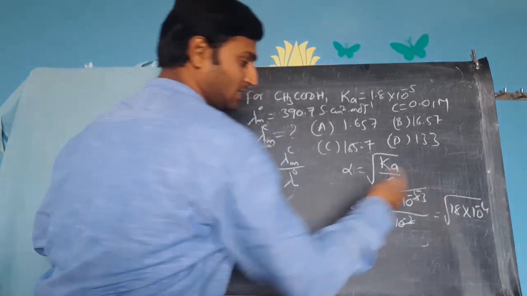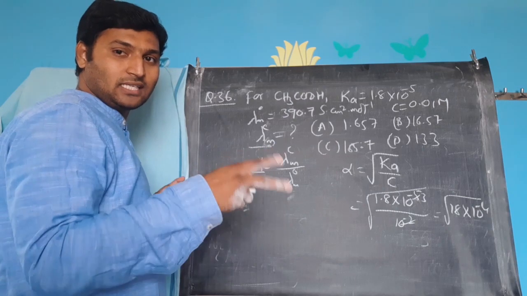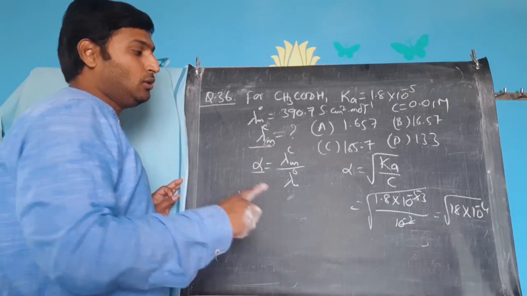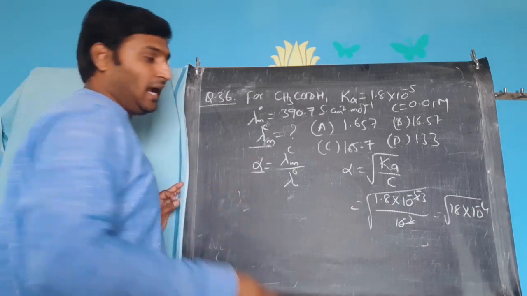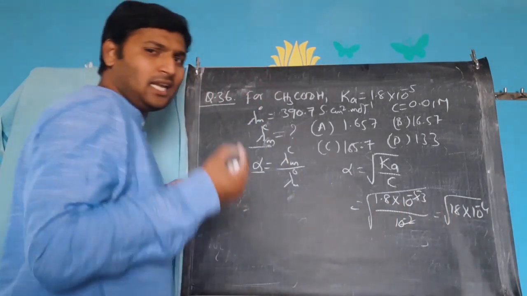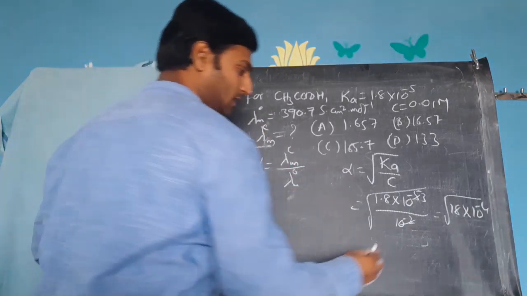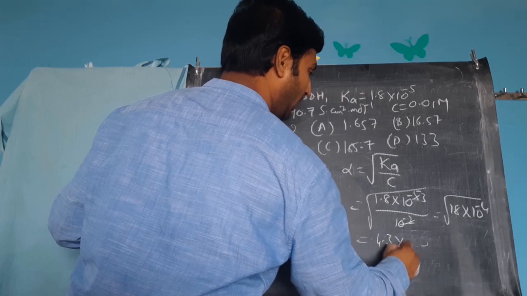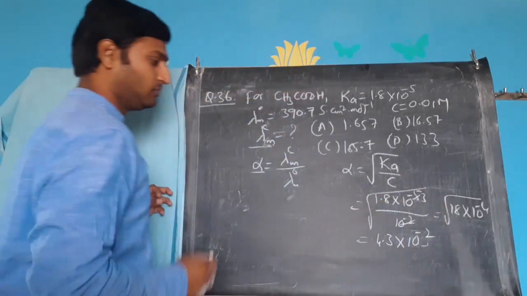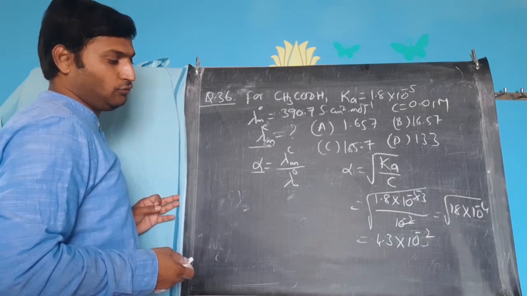This side you have got 16, that side you have got 25. It is in between 16 and 25. So the value of root 18 must be between 4 and 5. And since it is closer to 16, slightly more than 4. I'm just doing an approximation, nothing wrong in it. So approximately some 4.2 or 4.3 into 10 power minus 2. That is your alpha value. Maybe you can say 0.043.